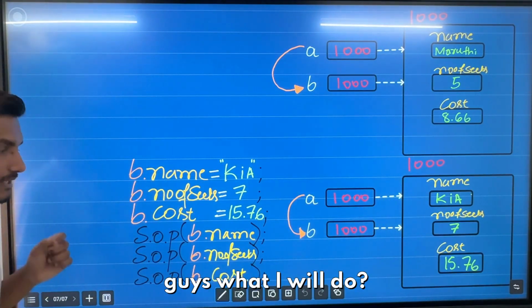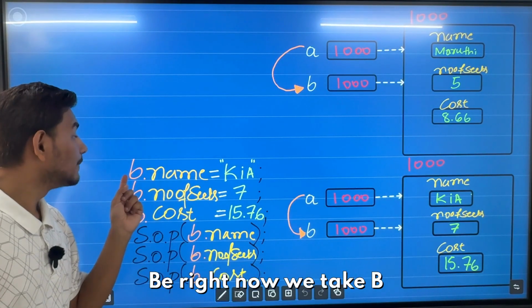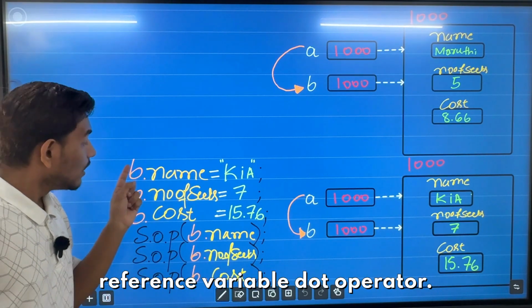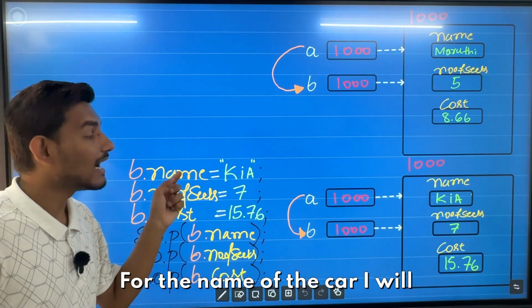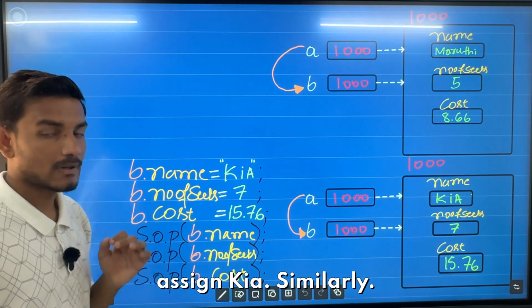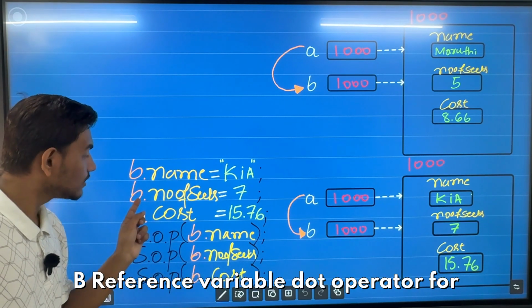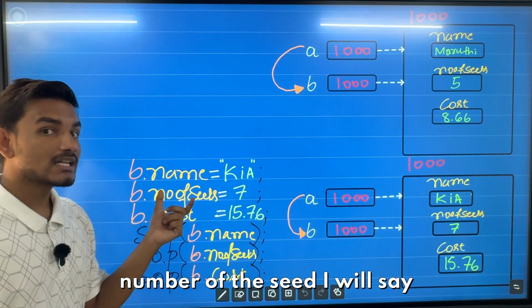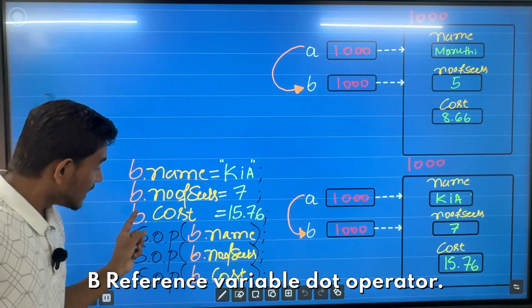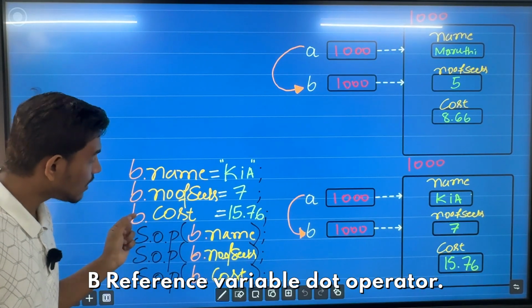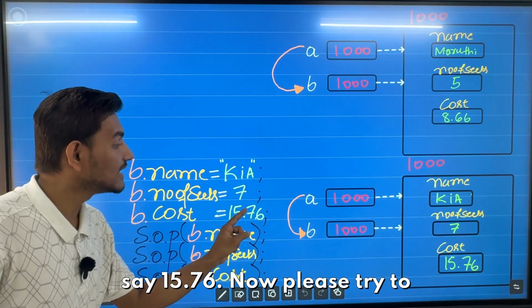Now finally, guys, what will I do? Right now we'll take the B reference variable, dot operator, for the name of the car, I will assign Kia. Similarly, B reference variable dot operator for number of seats, I will say 7. Similarly, B reference variable dot operator for the cost, I will say 15.76.